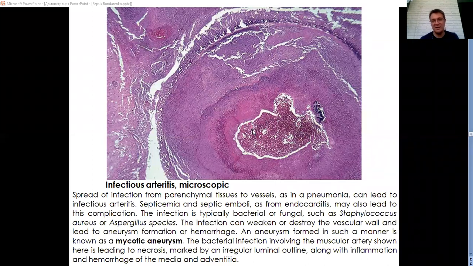Finally, in this place, we may expect the development of either abscess or resolution with recanalization of this thrombus without any outcome, or weakening and destruction of the arterial wall and development of an aneurysm. Sometimes we call it mycotic aneurysm. And as the most common consequence of the aneurysm, the development of hemorrhage.